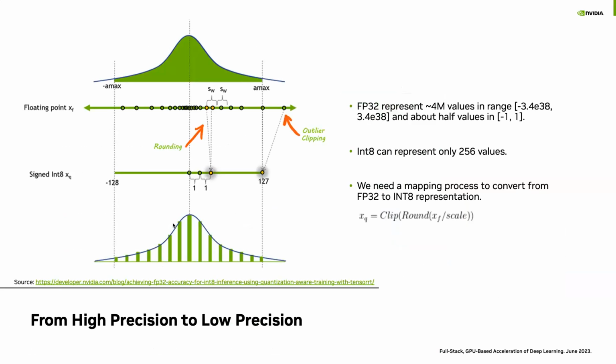So there will be some precision loss when we do this kind of conversion. We do need a mapping process to help us convert the data from high precision to low precision. Typically, we can use a scale factor, for example, to scale the data from the original precision to the target precision that we want to use.